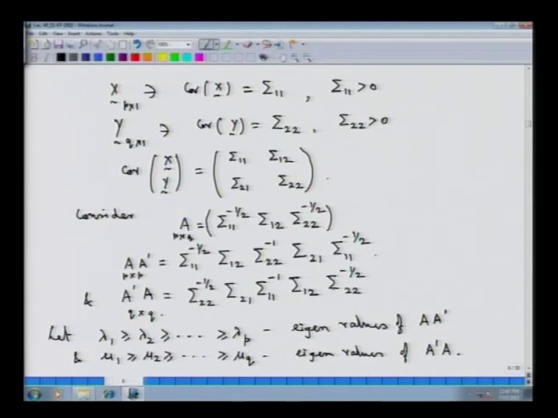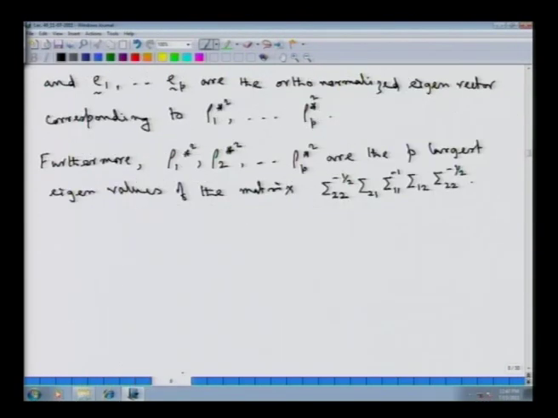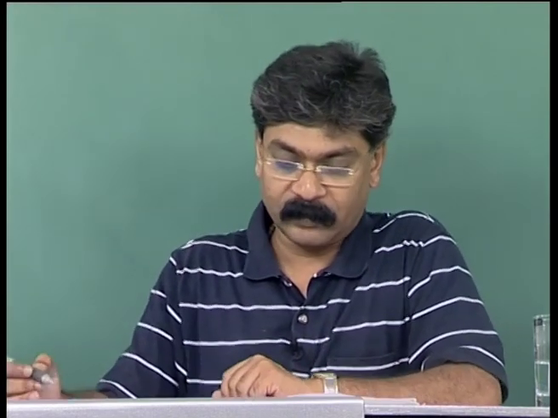We are basically writing here that rho 1 star, rho 2 star, up to rho p star are the p largest eigenvalues of this particular matrix, with eigenvectors F1, F2, up to Fp. These are also orthonormalized eigenvectors corresponding to rho 1 star square, rho 2 star square, up to rho p star square, corresponding to this A prime A matrix.